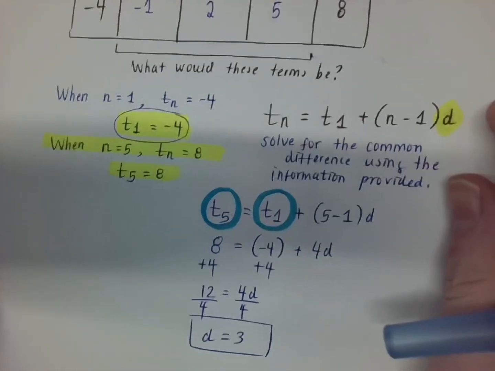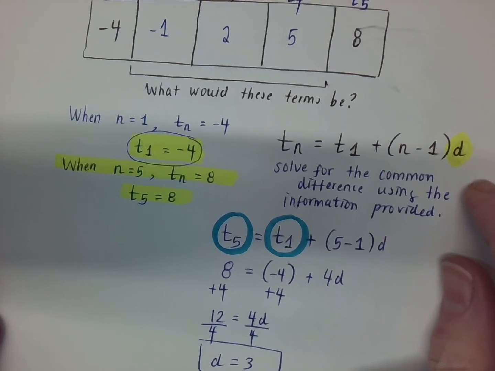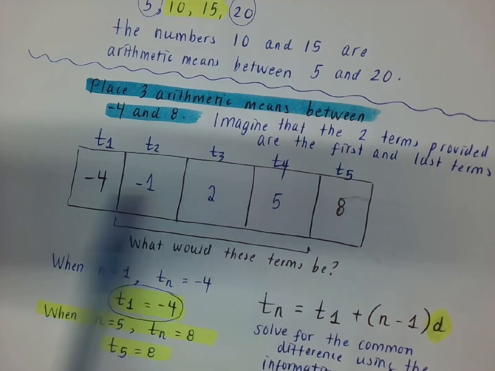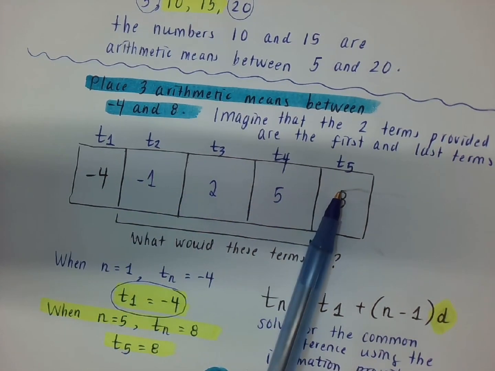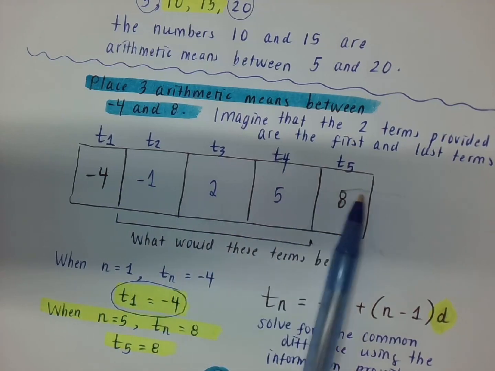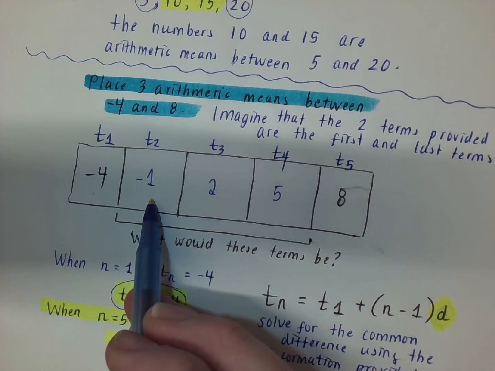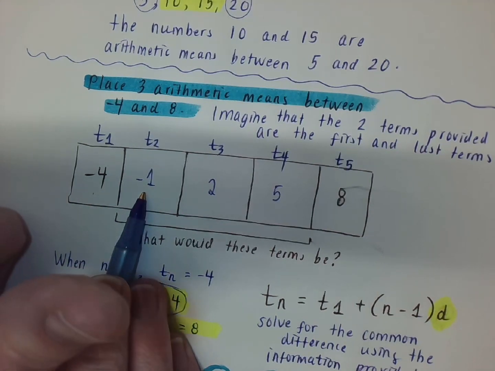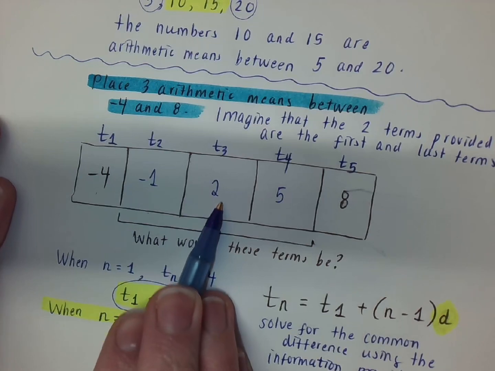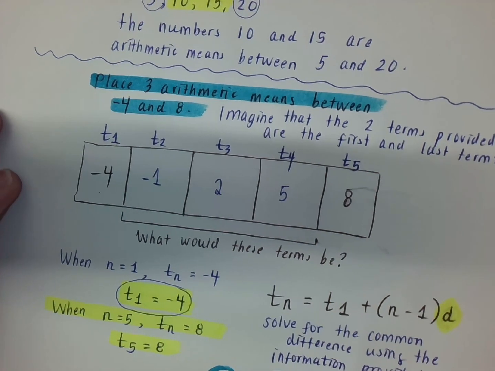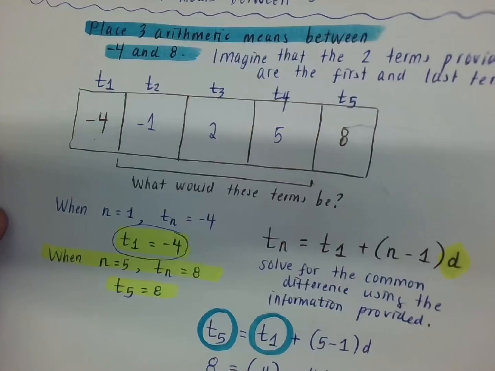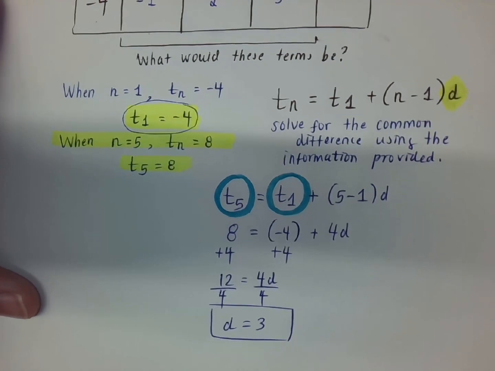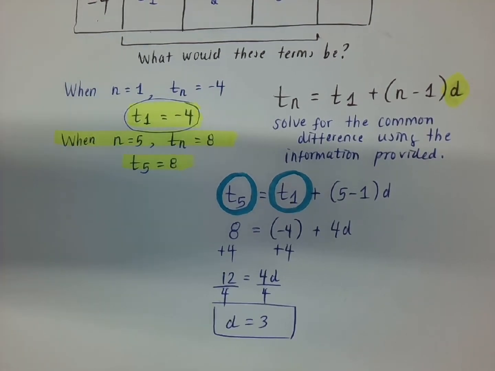You could have also eyeballed it: I have to get up 12 when I do 4 increases, first increase, second, third, fourth of the common difference. You could think it through in your head, but it's nice to see a step-by-step path that you could take.